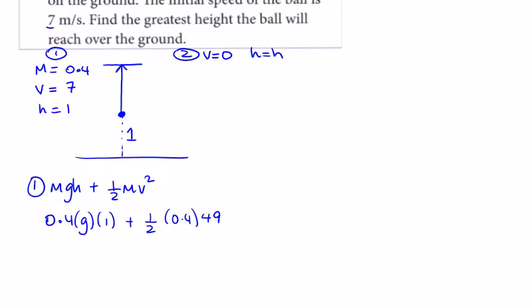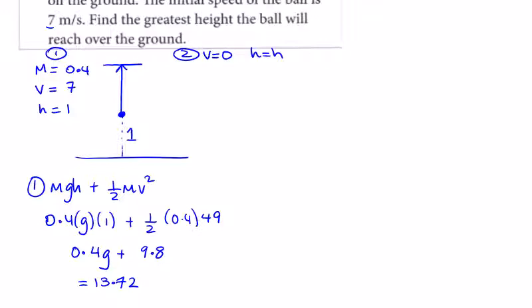Tidying this up, we're going to get 0.4g plus that's going to be a fifth of 49. It actually goes back to 9.8, and 0.4g plus 9.8 works out to be 13.72.